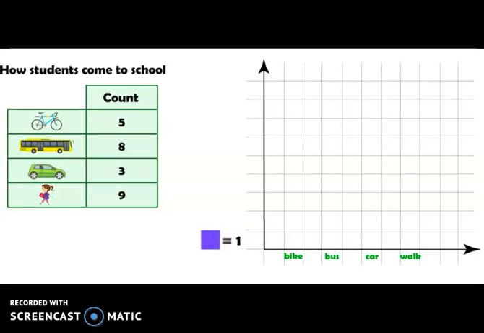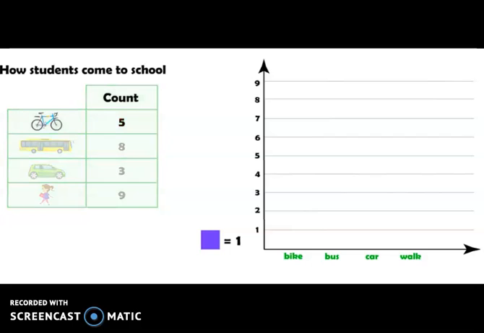We put this information to the side of the graph. We have 5 students who take their bikes to school. So on top of the bike category, we color the first square, and another right above it, and another, and so on until we've colored 5 squares.